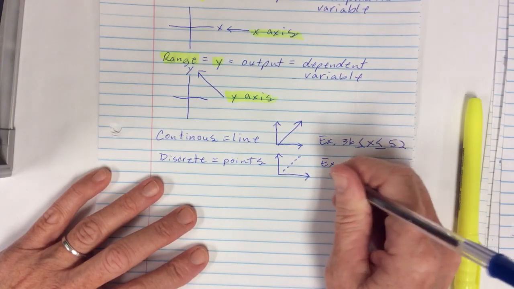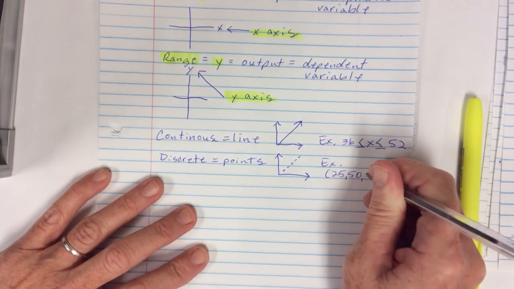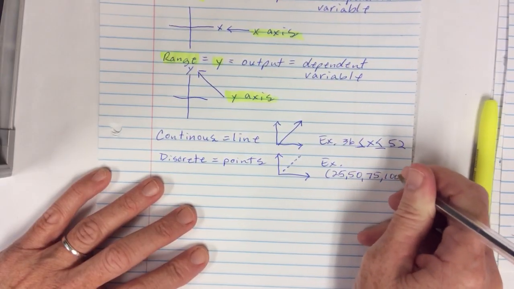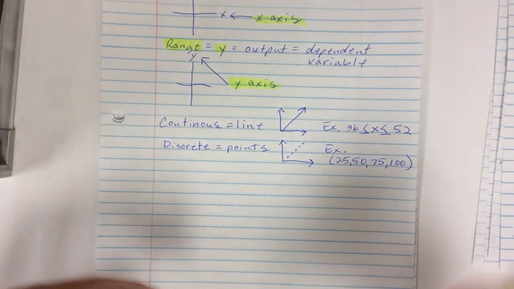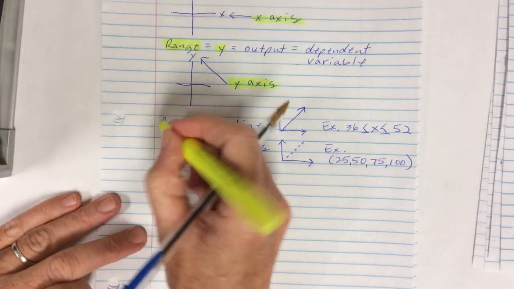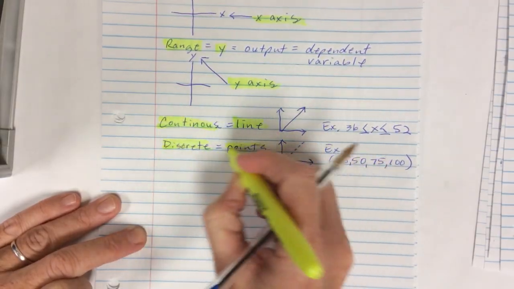So they would list them like the exact numbers. So we know continuous is a line, discrete is points.